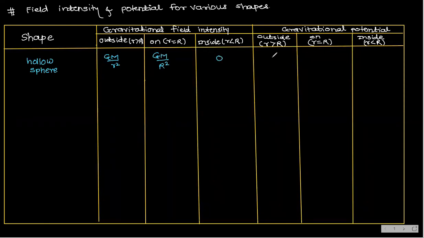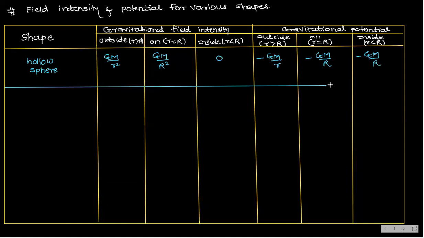Next, gravitational potential, you see, minus GM by small r. Here minus GM by capital R. And inside it is also same, that is minus GM by capital R. This already we have seen, just I am giving in one table. Okay, right.